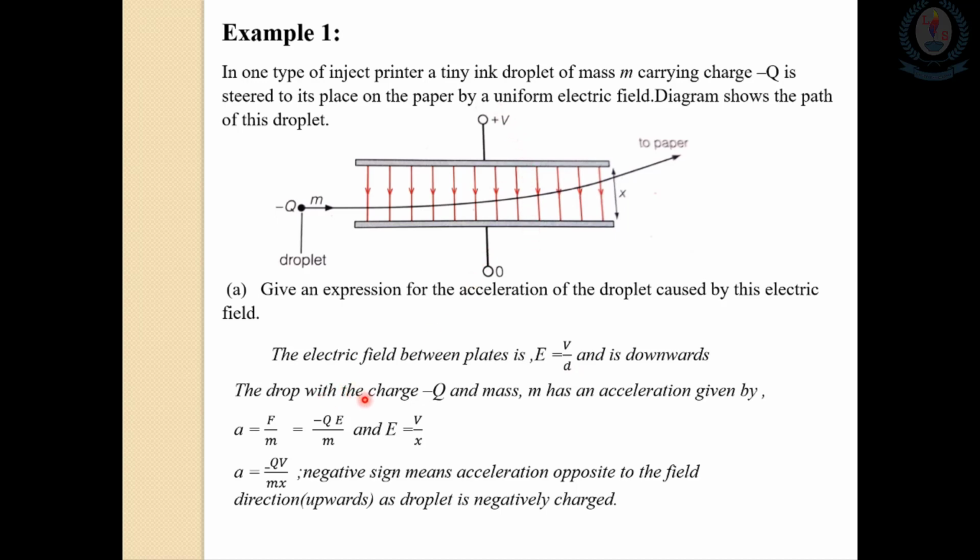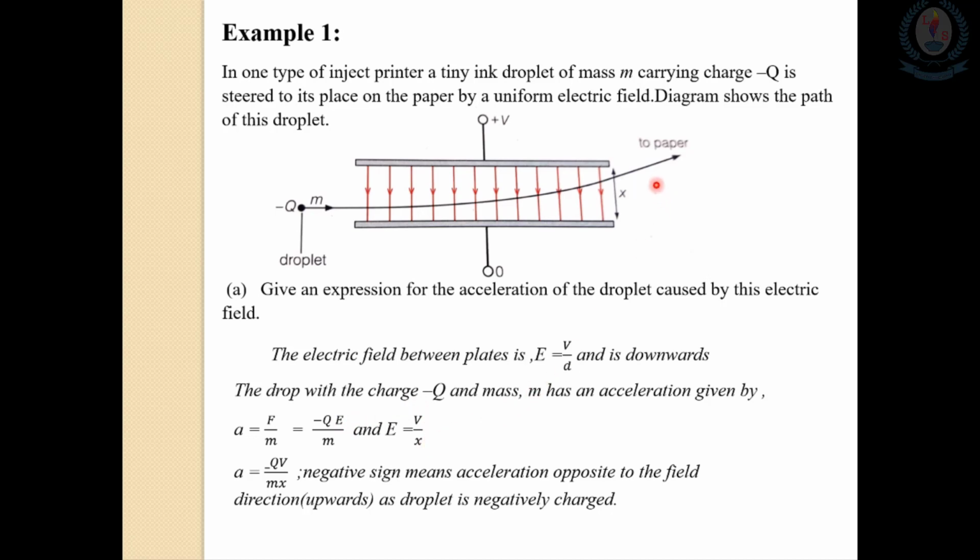The drop with charge minus Q and mass m has an acceleration as we discussed earlier. The resultant force is the electrostatic force, so we replace F by QE, and we replace E by V over the separation.